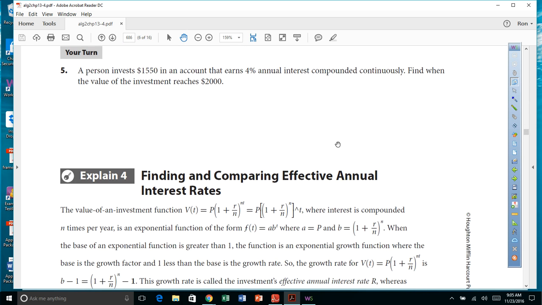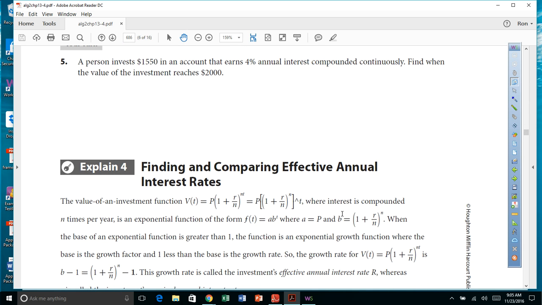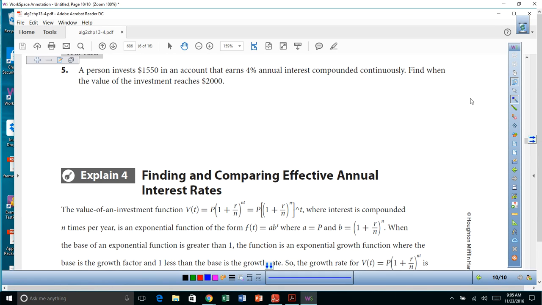Your turn. A person invests $1,550 in an account that earns 4% annual interest compounded continuously. Find when the value of the investment reaches $2,000. So what do we got? The principal equals $1,550.